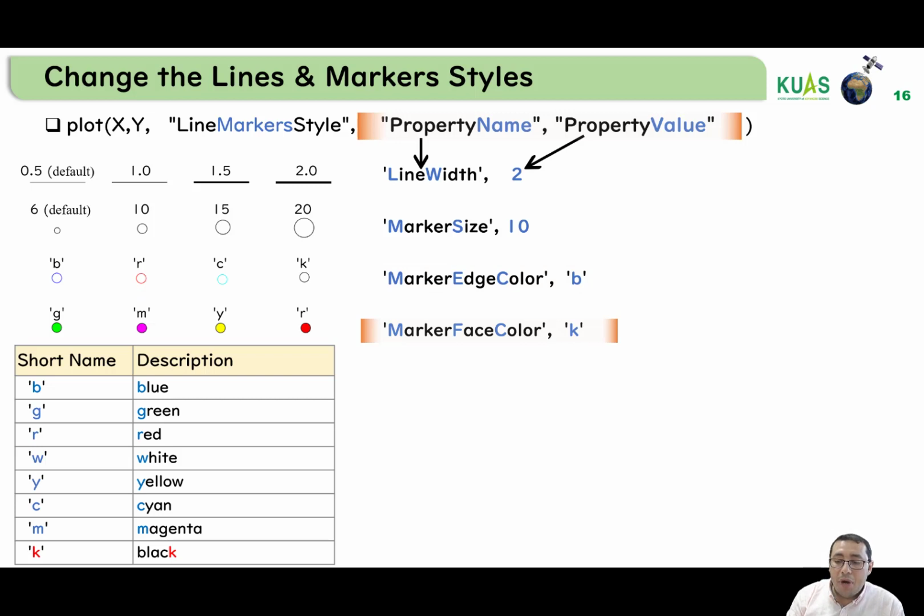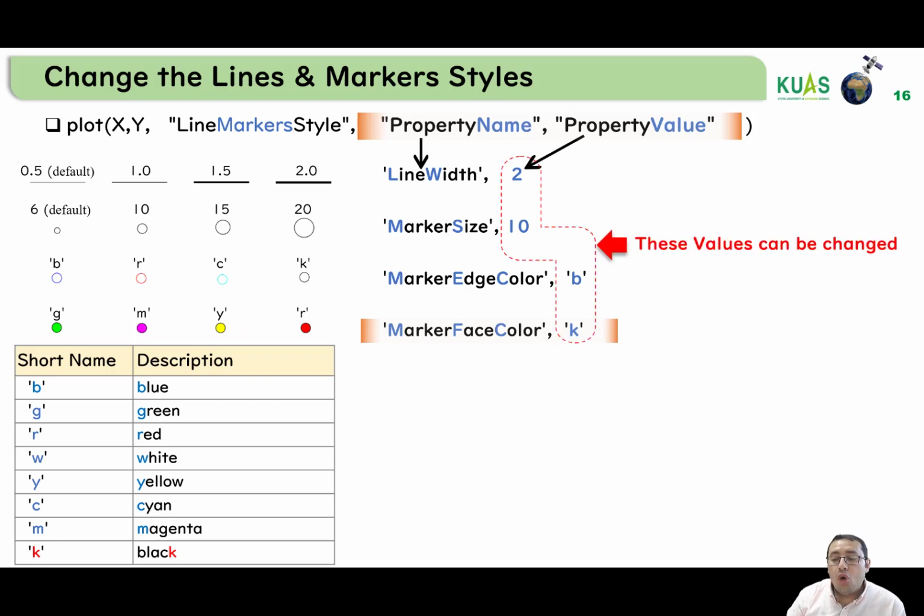And for the marker face color, it means the fill inside the marker. For example, we can fill it with green, magenta, yellow, or red. Based on your preference, you can fill the marker. And we use again the same table.